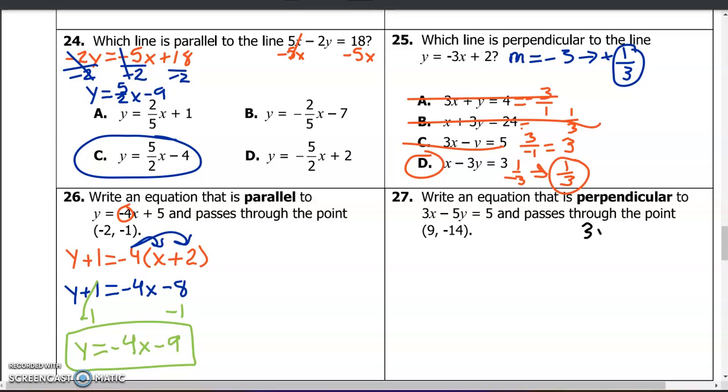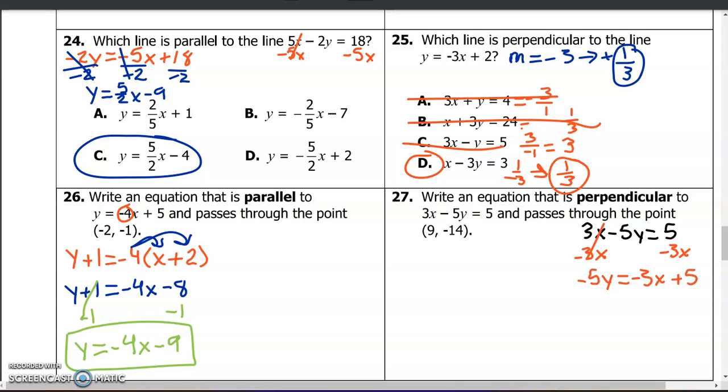So 3x minus 5y equals 5. All right, so first step would be subtracting 3x on both sides. Okay, so those cancel out. So now I got -5y equals -3x plus 5.